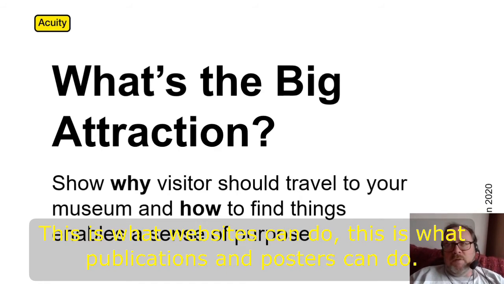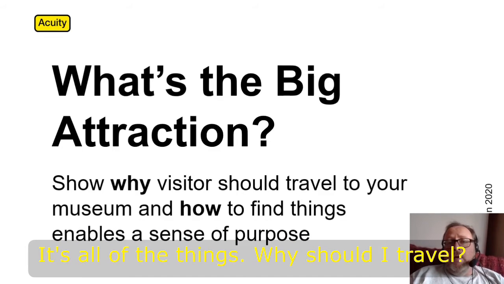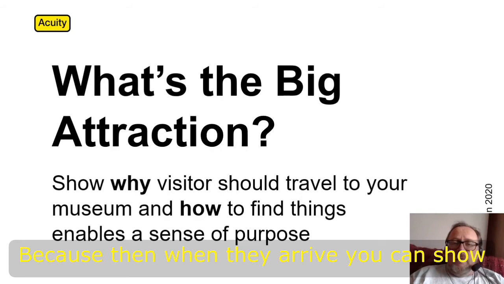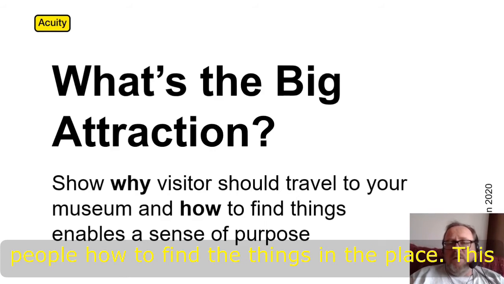This is what websites can do. This is what publications, magazines, posters, all of these things can do. Why should I travel? Because then, when they arrive, you can show people how to find the things in the place.